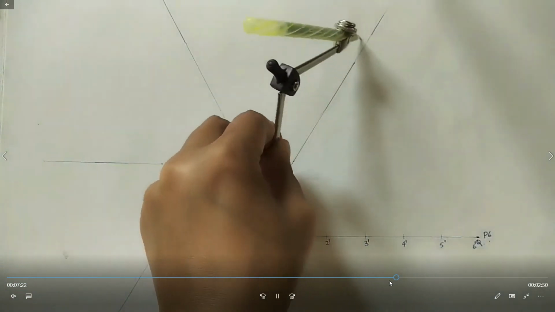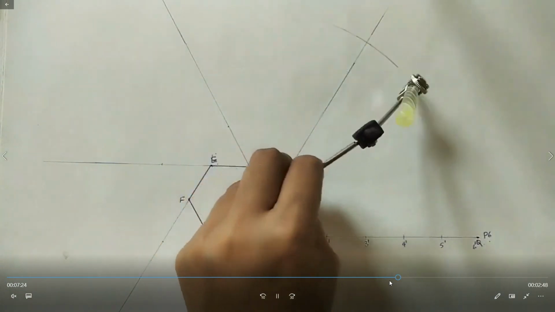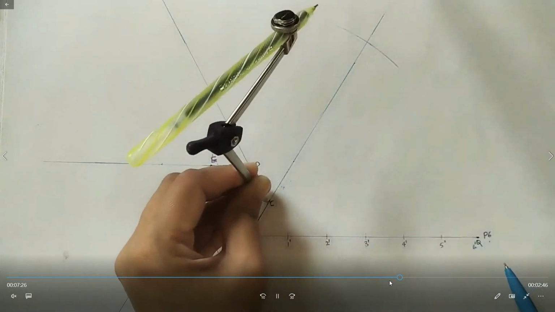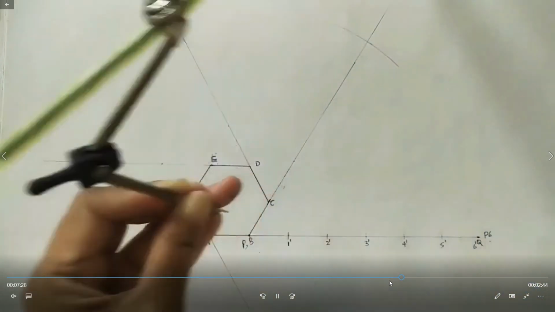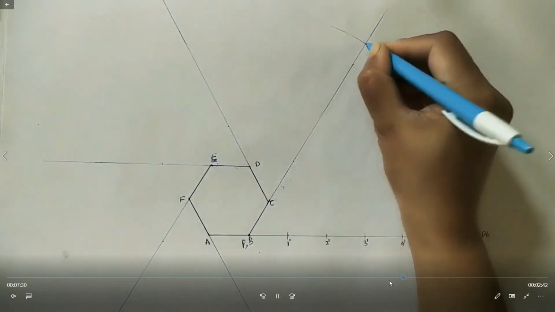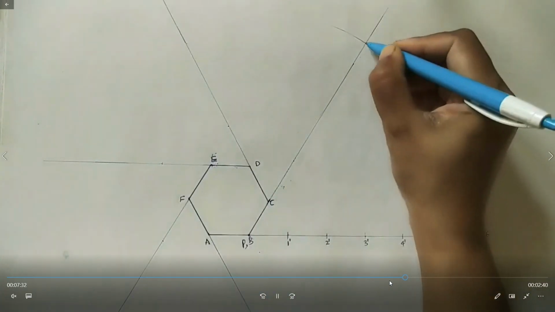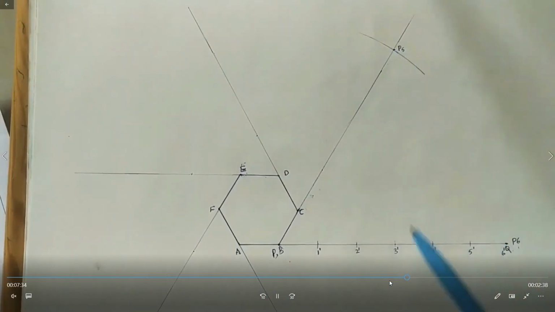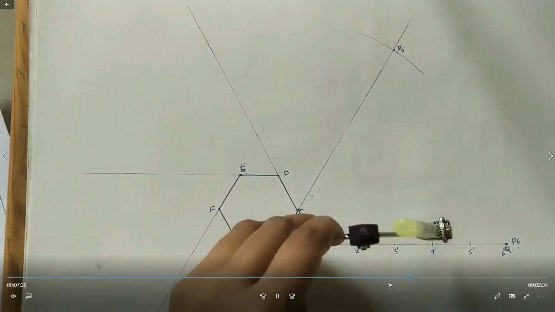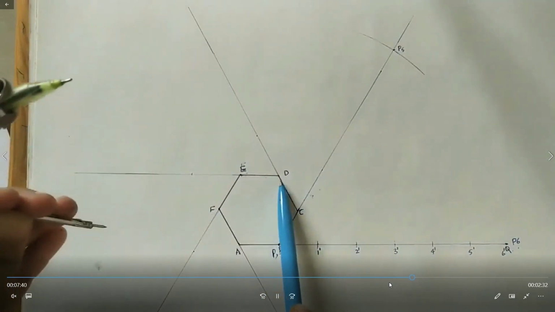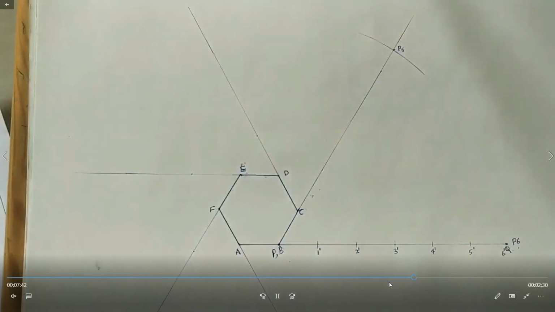that is the fifth point. You cut the line. Okay. Next, P2 4 dash, that is the P5. So now P2 4 dash is the length. You take the compass, and D is the center.